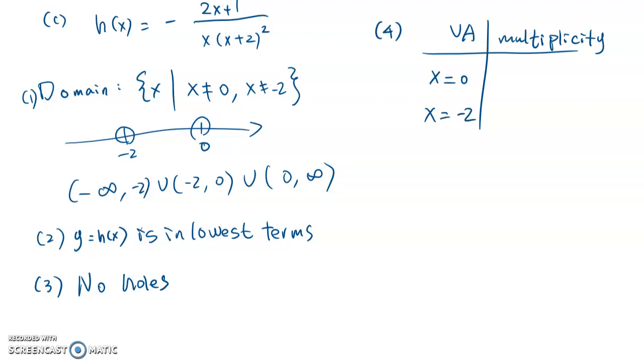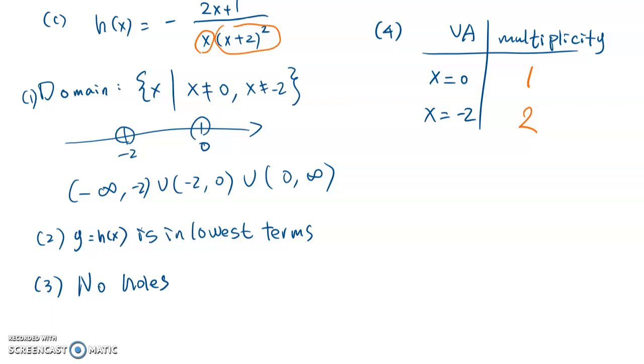The multiplicity for x equals 0 is 1 because the corresponding factor x only appeared in the denominator once. The exponent is 1. The multiplicity for x equals -2 is 2 because the corresponding factor x plus 2 appeared twice in the denominator. That means the exponent for that factor is 2.